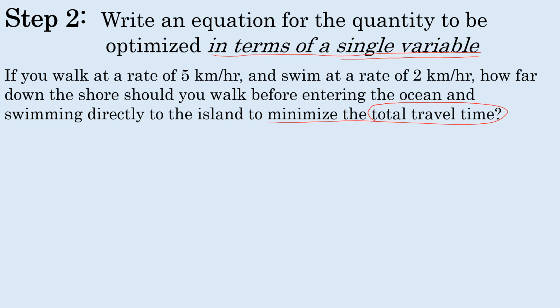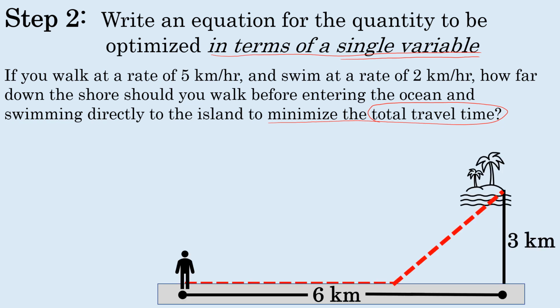Total travel time equals what? Well, if you recall, based on our diagram and what the problem had stated, the person is going to be traveling through a combination of walking at 5 kilometers per hour and swimming at a rate of 2 kilometers per hour.